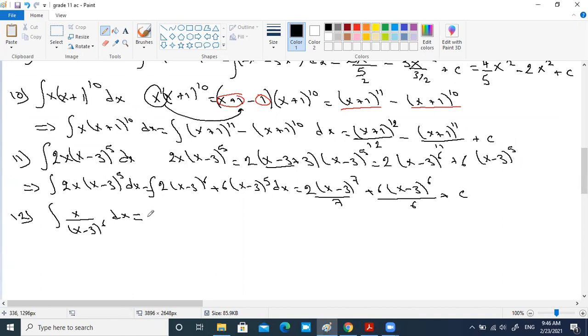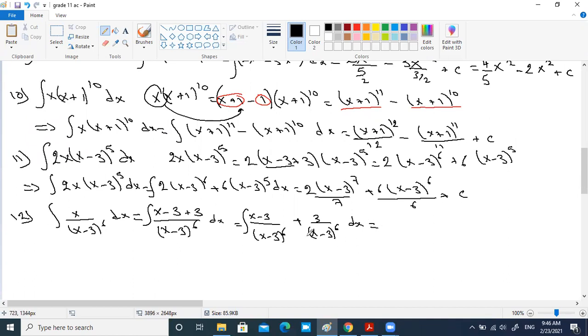I'm going to say it's equal to x minus 3 plus 3 over x minus 3 to the power of 6 dx. Now split the fraction. X minus 3 over x minus 3 power 6 plus 3 over x minus 3 to the power 6 dx. يعني نفس الخبرية. 10 11 12 نفس الفكرة، مش القد في فرق.